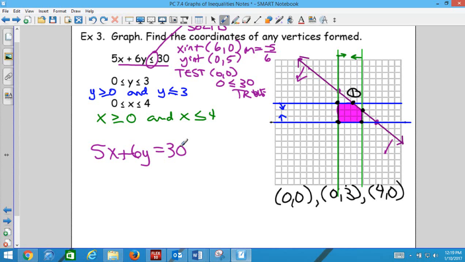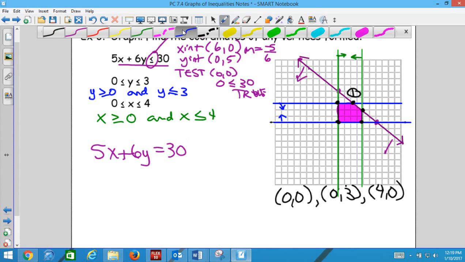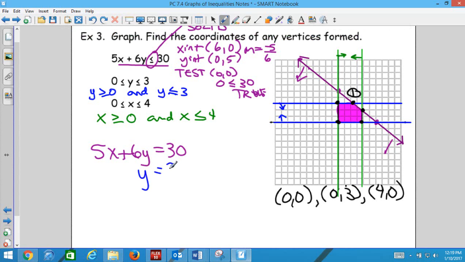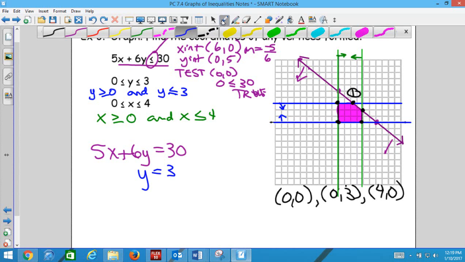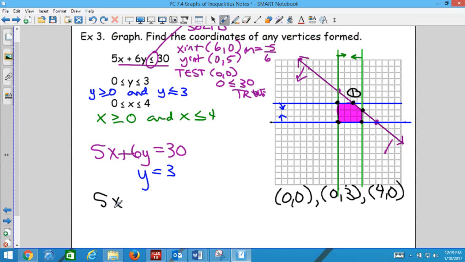And then my blue equation is what? Which one? And we're just going to do equals 3. So where do these intersect? How do I find it? Plug y in, right. 12/5 is the x that they intersect on.